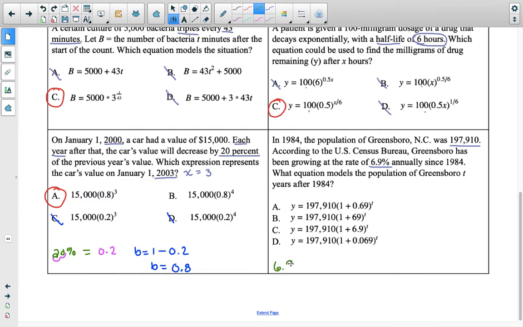So 6.9%, we need to move the decimal over twice to the left, adding in a 0 in that space: 0.069. Since it is growing, we want our b value to be 1 plus the value here, 0.069.